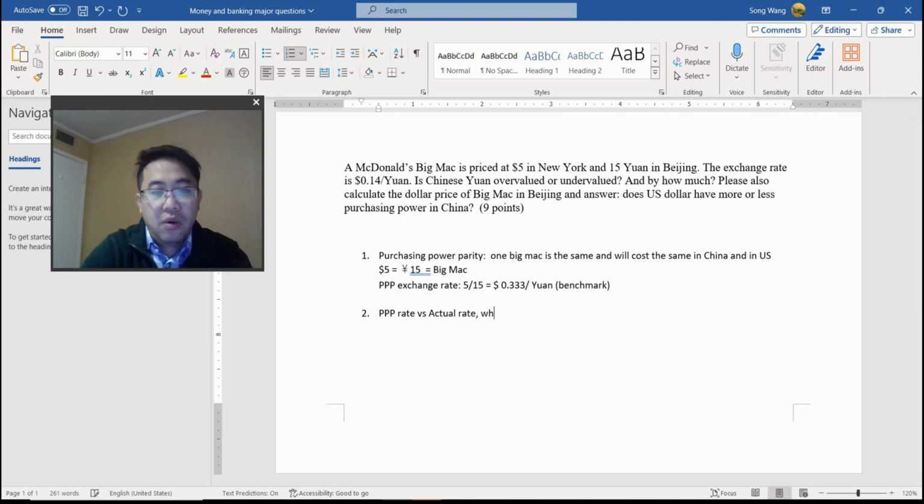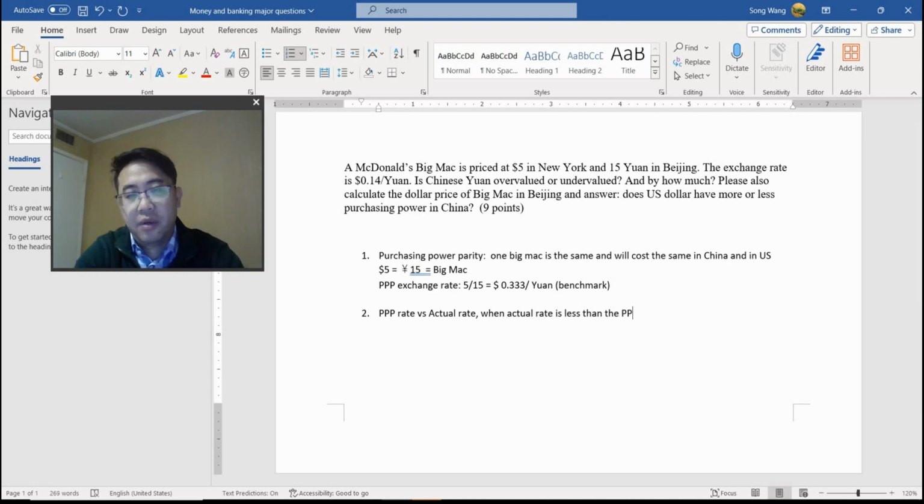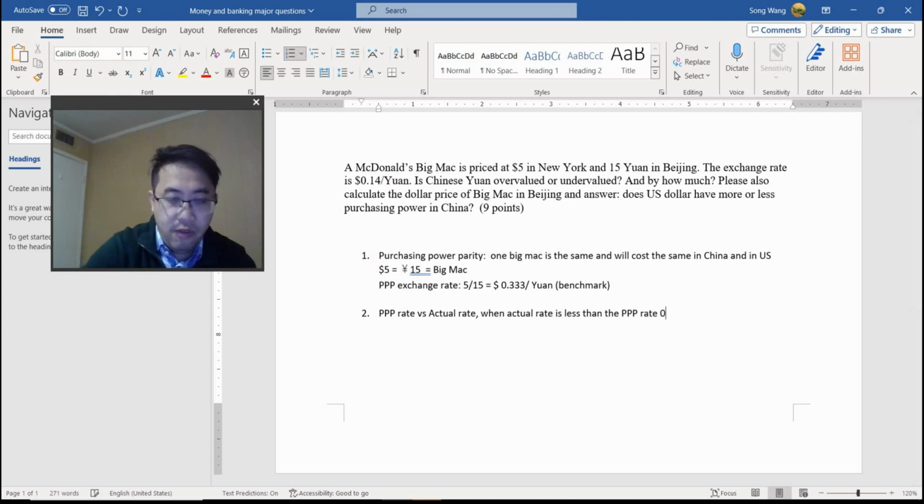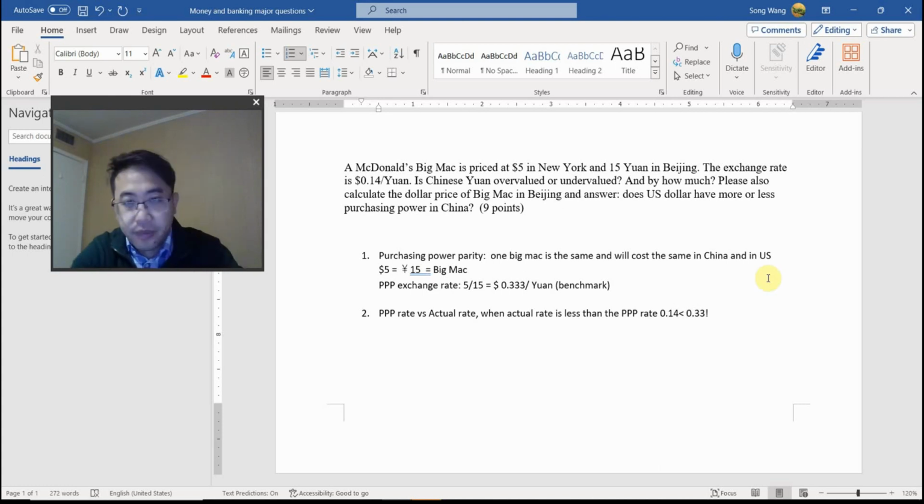Okay, so when the actual rate is less than the PPP rate, you can see $0.14 per yuan is less than $0.33 per yuan, so that's less.